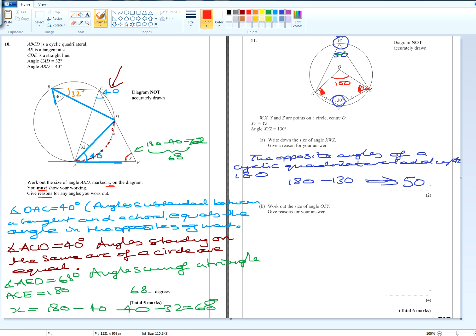How do we get the 100? What was the rule for that one then? Let's try that. So we start off with angle XOZ.